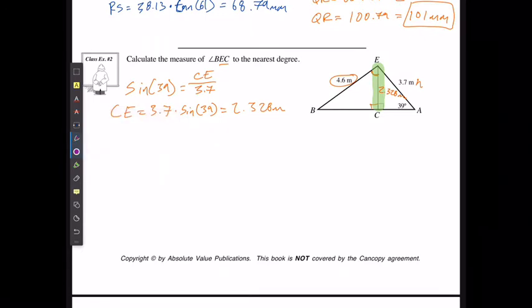Now that I know that, then I'm going to say that if I'm using this angle, I know my adjacent, I know my hypotenuse for this triangle.